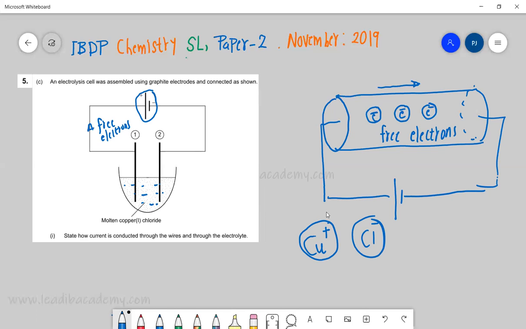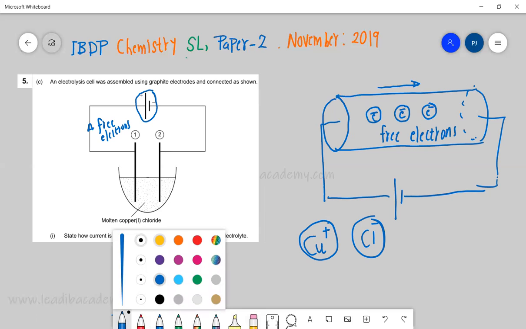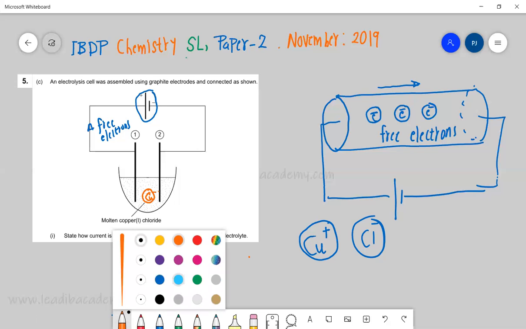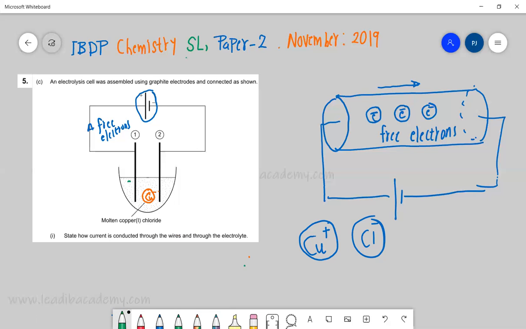Let me show a few ions. There is going to be a copper ion, Cu+, which gets attracted to the negative electrode, and similarly a Cl- ion, which gets attracted towards the positive electrode. These are what we call cations and anions.